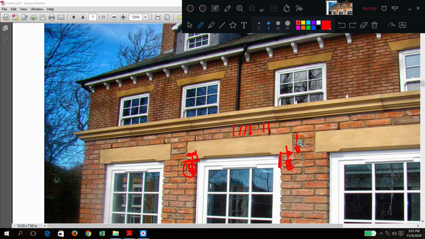This is called the depth. This is called the span or the length of the lintel.